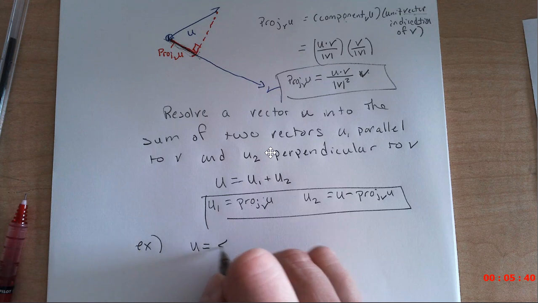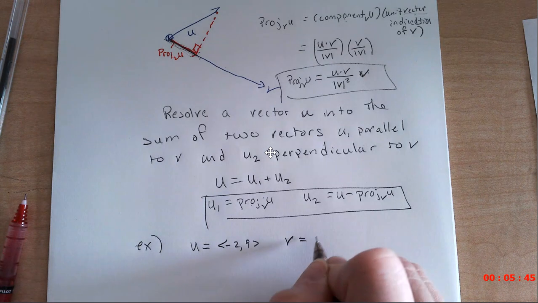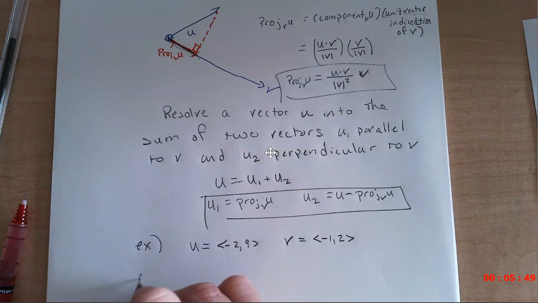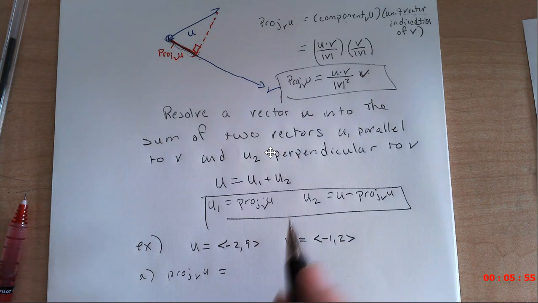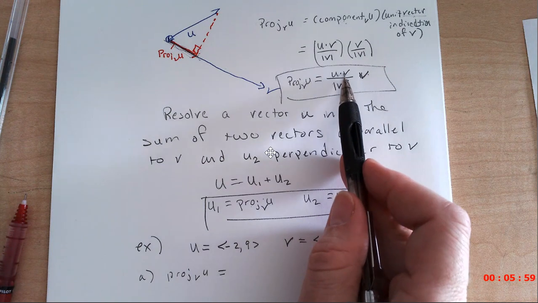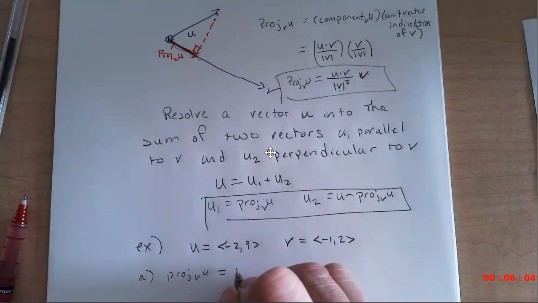If I have u a vector negative 2, 9, and v a vector negative 1, 2, and I want to first find the projection of u along v. So let's do that. So if I use this formula that we worked out from scratch, u dot v divided by magnitude of v squared all times v.